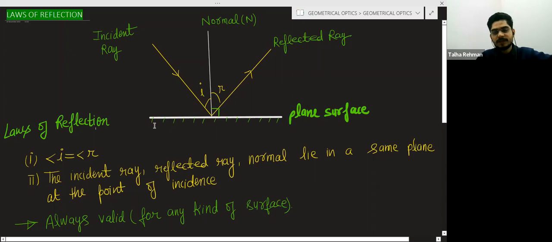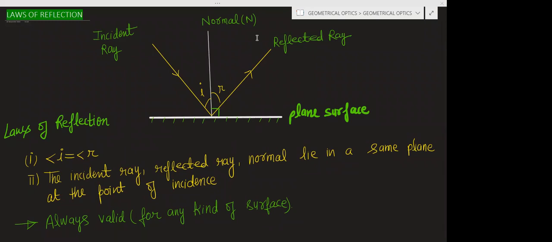This is always valid. And another law: the incident ray, the reflected ray, and the normal lie in the same plane at the point of incidence. So basically this whole phenomenon of reflection takes place in a plane. What is the meaning of the plane?